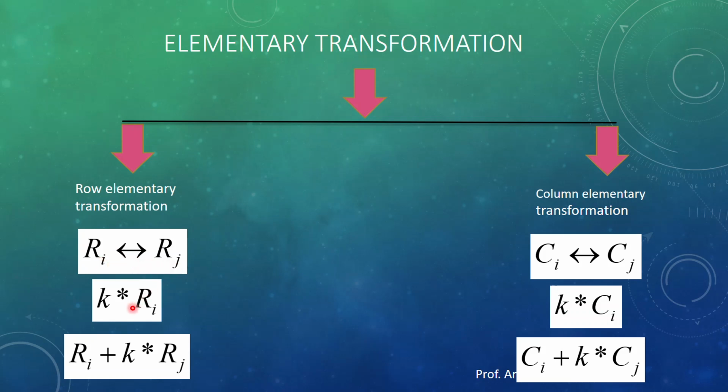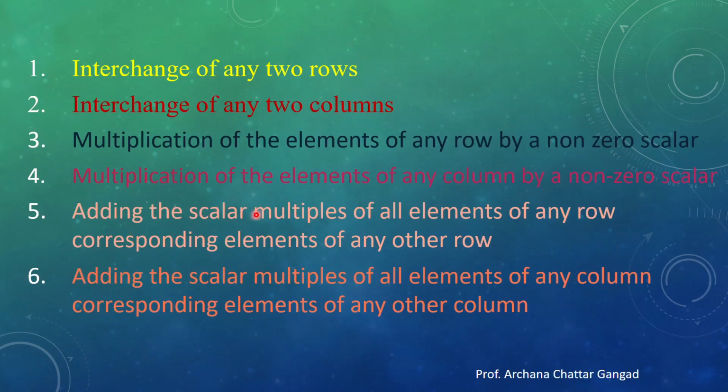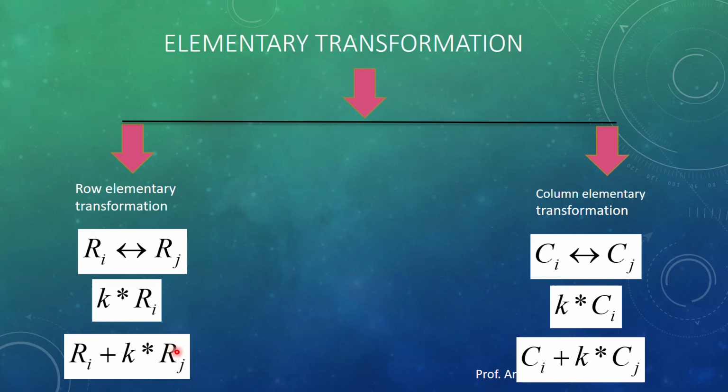Next elementary transformation is non-zero scalar multiplication with any row, that is k into Ri, where k is any non-zero value; the ith row has to be multiplied by k. Third elementary transformation is Ri plus k star Rj, the symbolic representation of adding the scalar multiple of all the elements of any row to the corresponding elements of any other row.